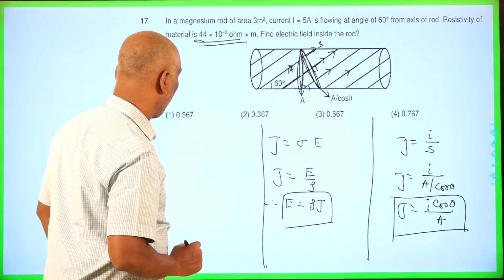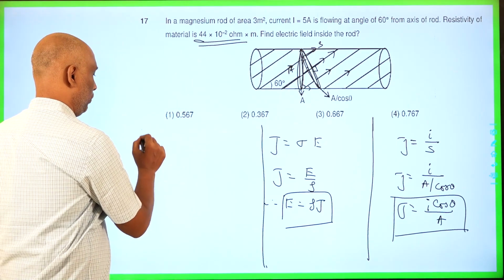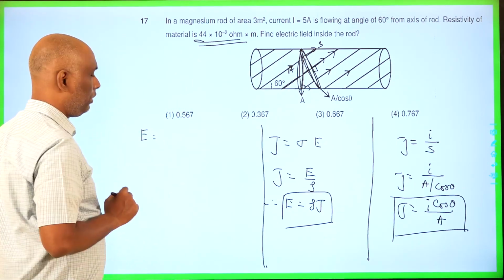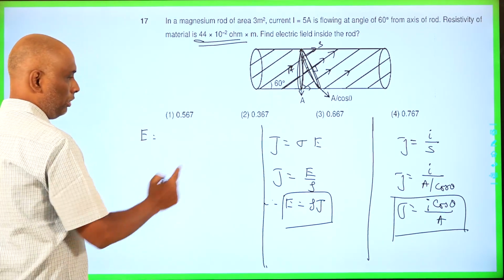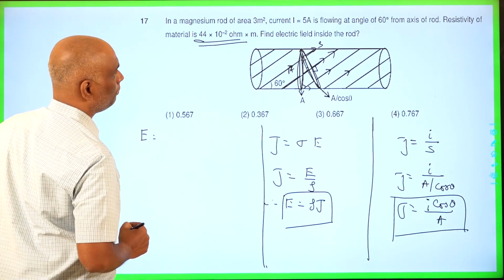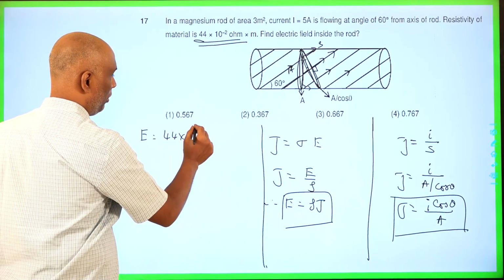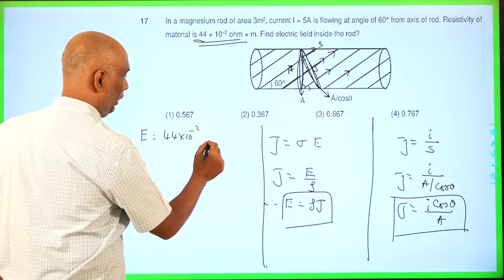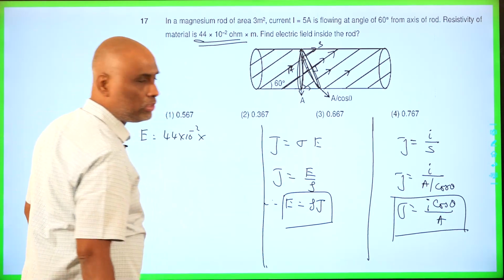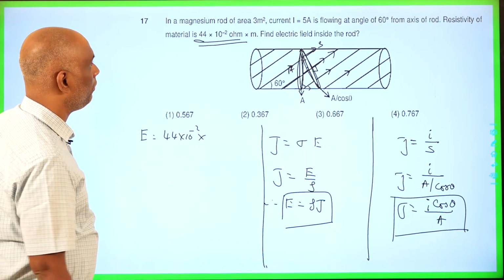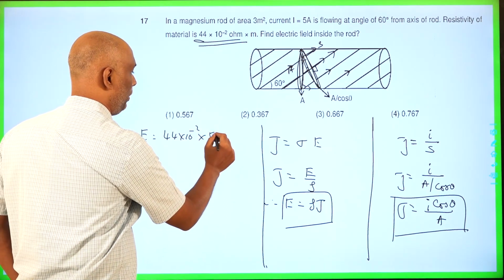Let us substitute all the values. So when I substitute the values, we are going to get the value of E. The value of rho is given as 44 into 10 to the power of minus 2, and the current density is I cos theta divided by A. I is given as 5 ampere.